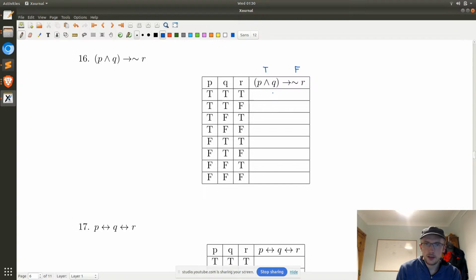T and T, that's T. True implies false. No, that's false. True implies true. Well, that's true. False implies false. That's true. False implies true. That's true.